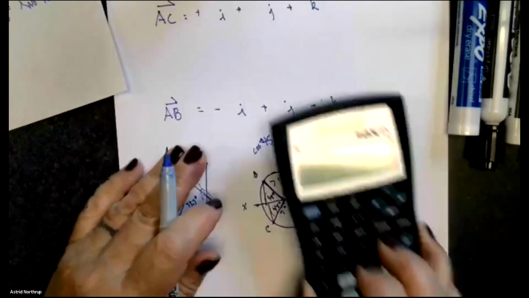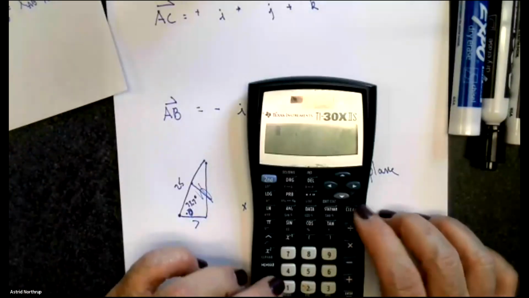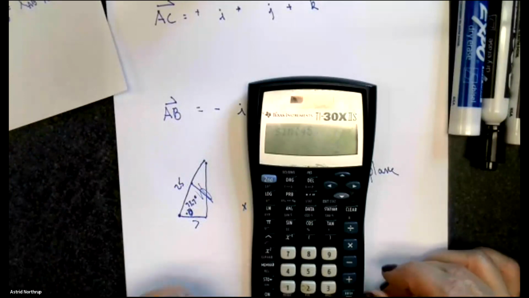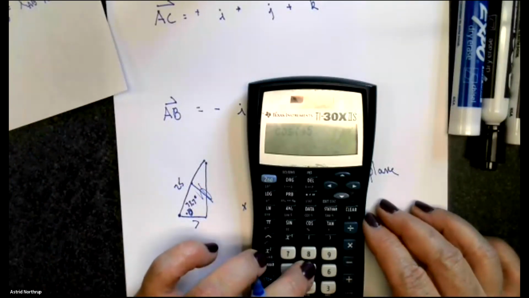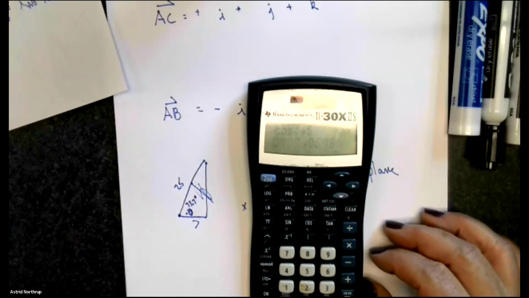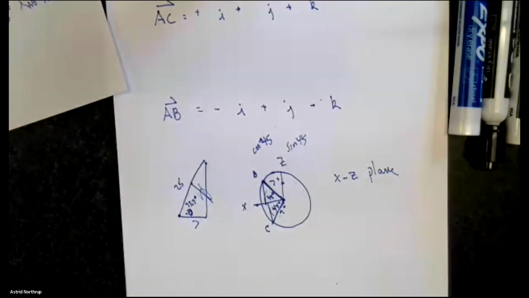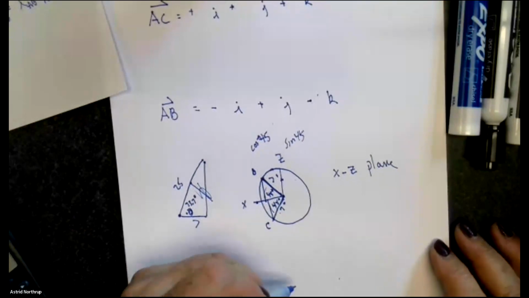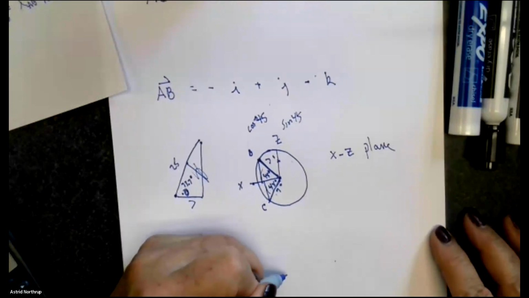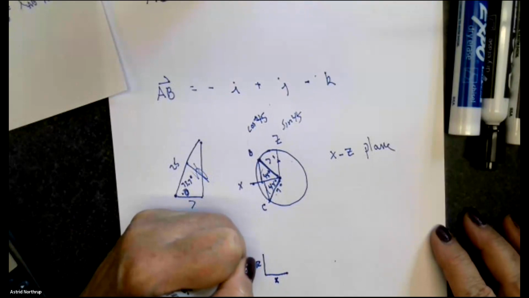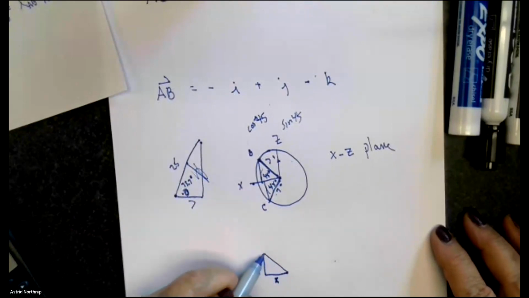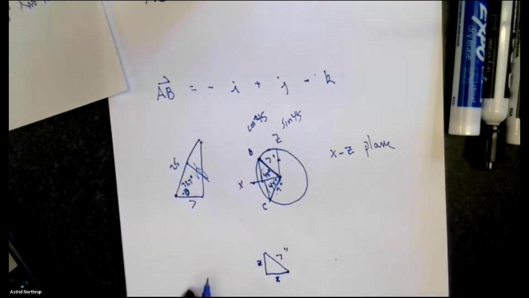Well, what do we know about the sine of 45 degrees and the cosine of 45 degrees? The sine of 45 is 0.707. Cosine of 45 degrees is also 0.707. So the good news is they're equal. So what we have then is a triangle that looks like this. This would be the x component, this would be the z component, and this would be 7 inches.